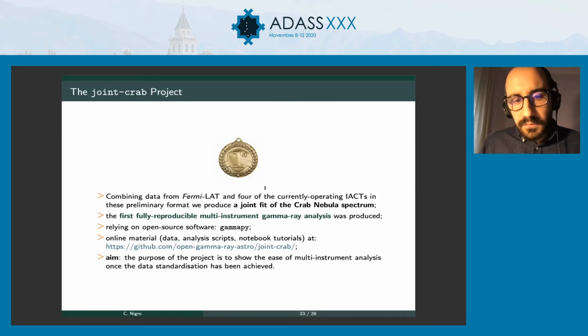We produced the first fully reproducible multi-instrument gamma ray analysis, relying only on open source software. All the material, data analysis scripts, and notebooks are available online in this GitHub repository. And the purpose of the project is to show the ease of multi-instrument analysis once the data standardization has been achieved.